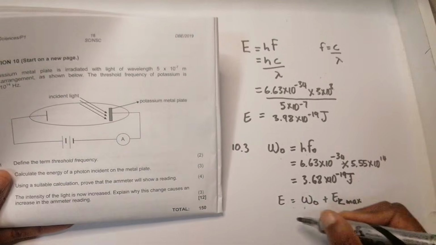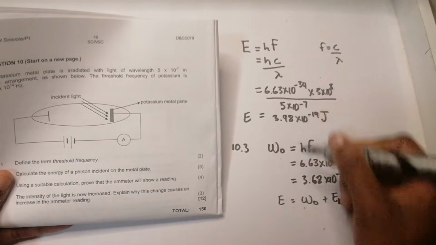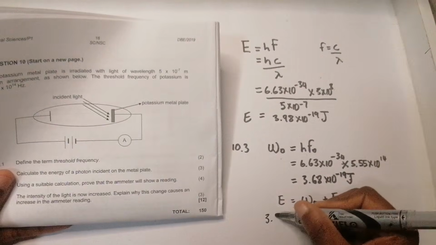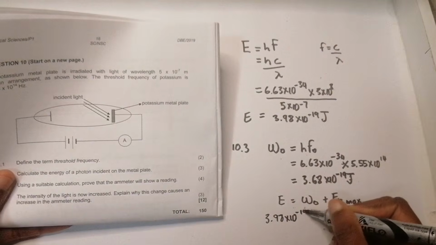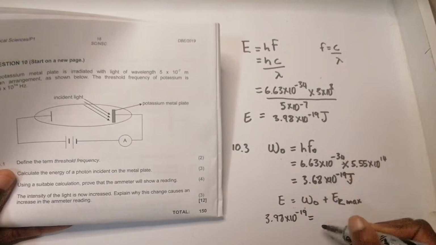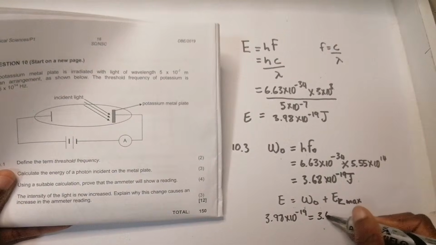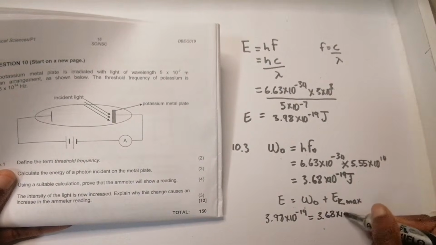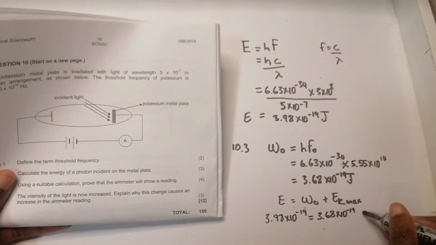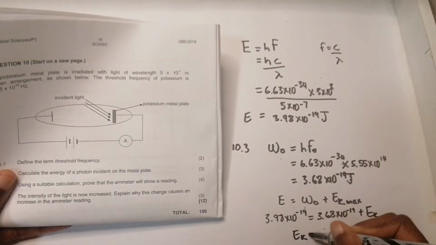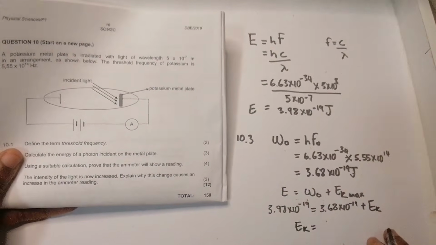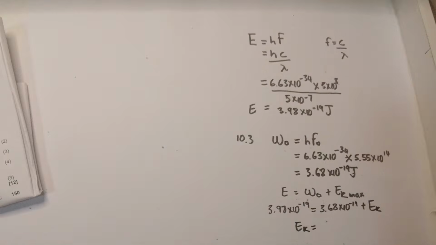All right, so now this value E, we found that value 3.98 times 10 to the minus 19, and work function, that's 3.68 times 10 to the minus 19, plus Ek. So Ek will definitely give us a positive value. Can you see that? So we will get a positive Ek value, or kinetic energy value.